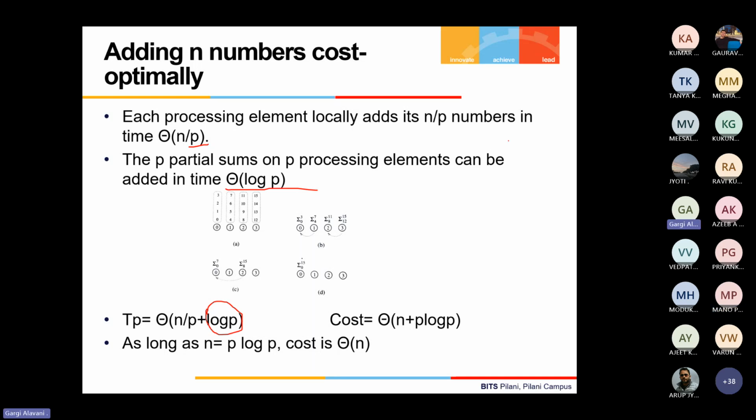So now, since the time becomes n by p plus log p, when you multiply p to this value, n by p into p, n will remain, and p log p will be there, so n plus p log p. Now, as long as the p log p value is very small, this is equivalent to theta of n.